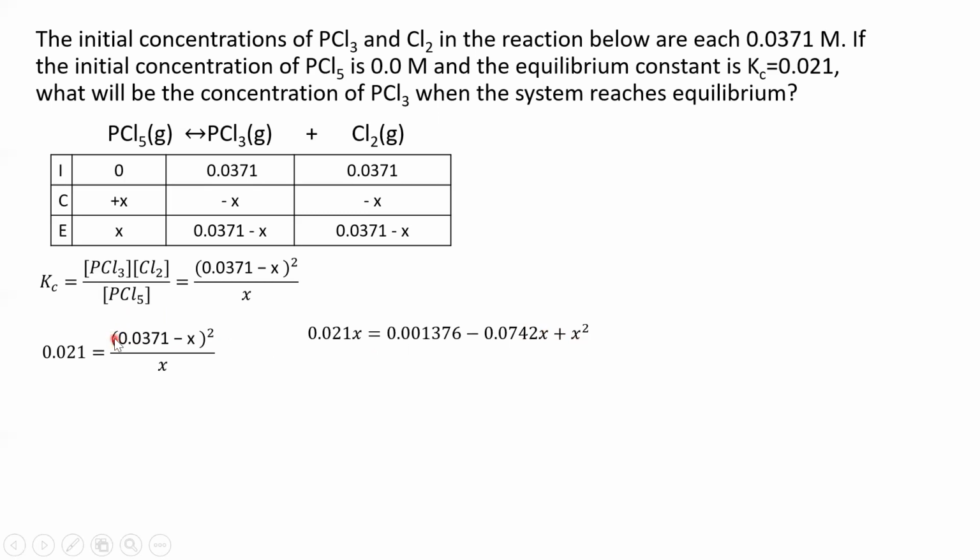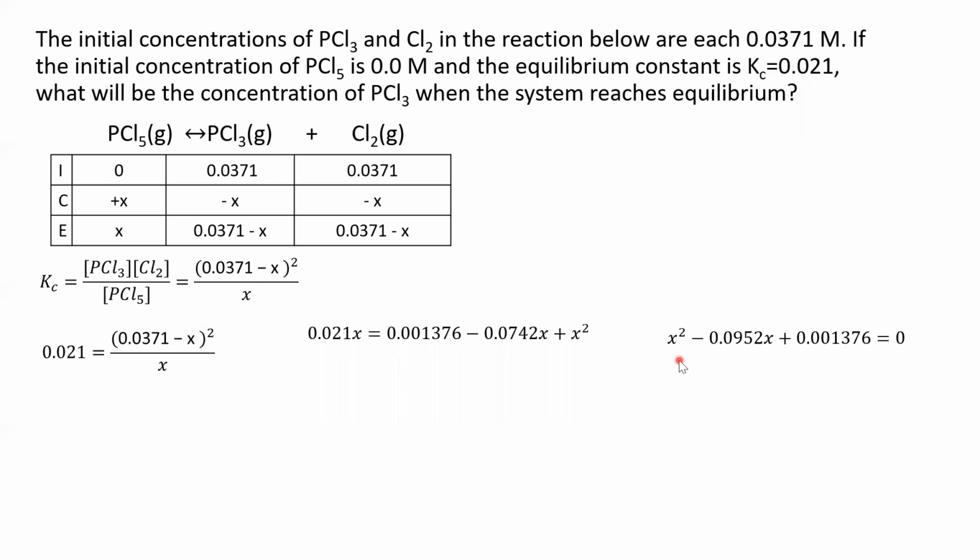All we did is square the numerator. So we're squaring the numerator and multiplying both sides by X to get X out of the denominator. And then we need to get this into the quadratic form, and to do that, we're going to have to subtract 0.021X from both sides. So now we've manipulated this equation so that it's in the quadratic form.